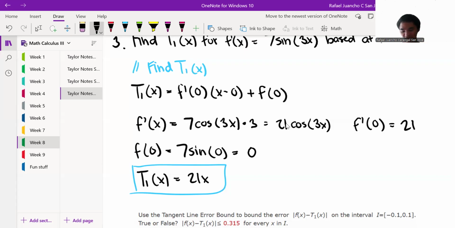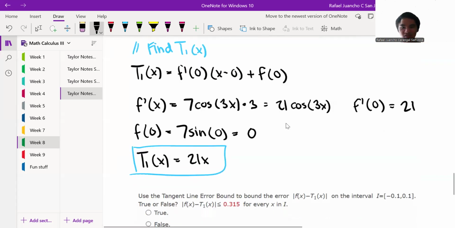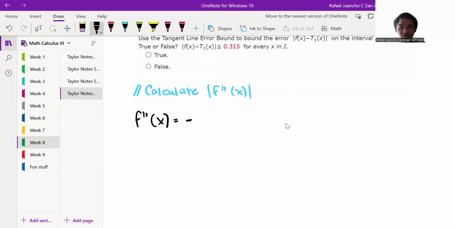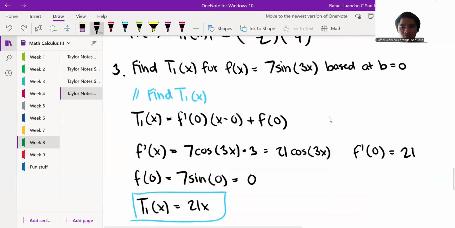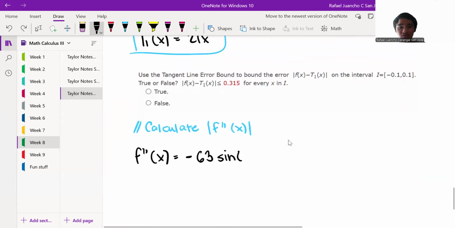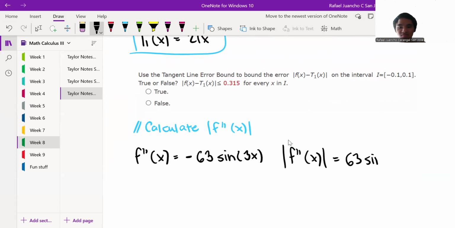We pull out the 3, so that's 21 times 3, that's 63. So that's actually minus 63 sine 3x. And then if we take the absolute value, that's just positive 63. Everything just turns positive pretty much.